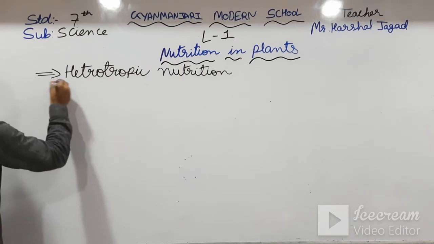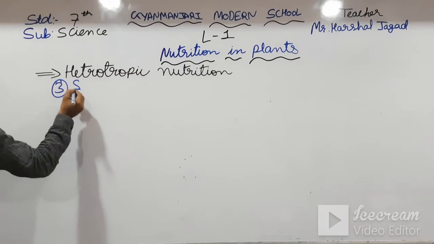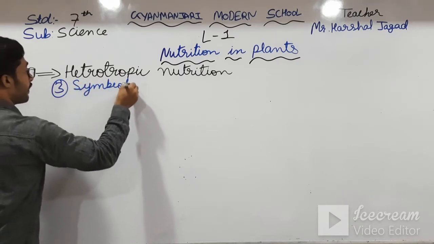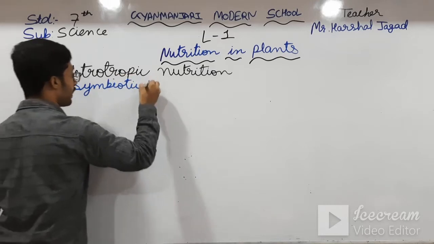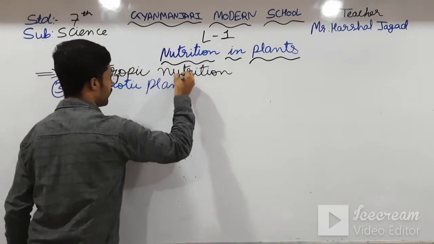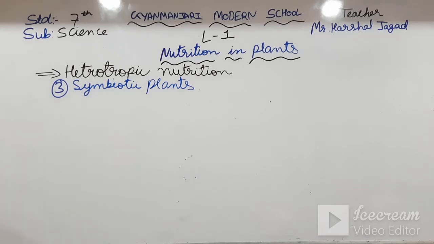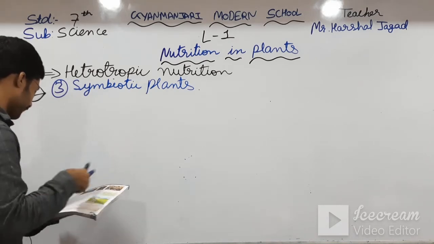Third is symbiotic plants. What are they? How they are? How they make their food? See here, I am reading that. Sorry, first of all, I will write what are they.